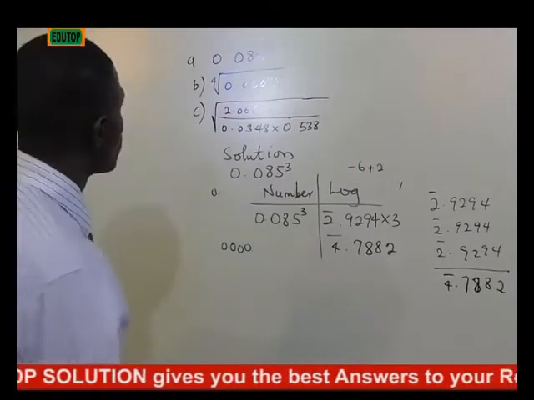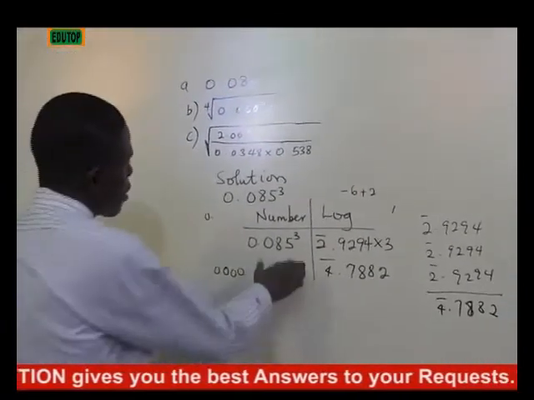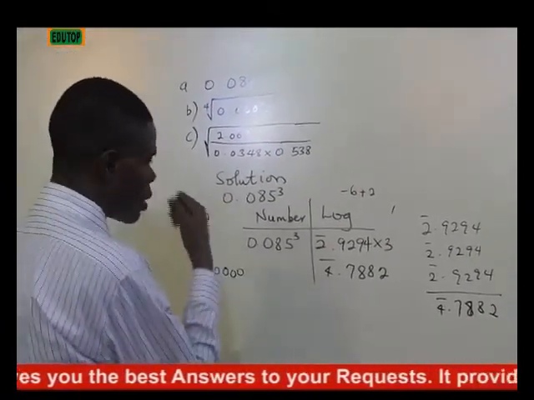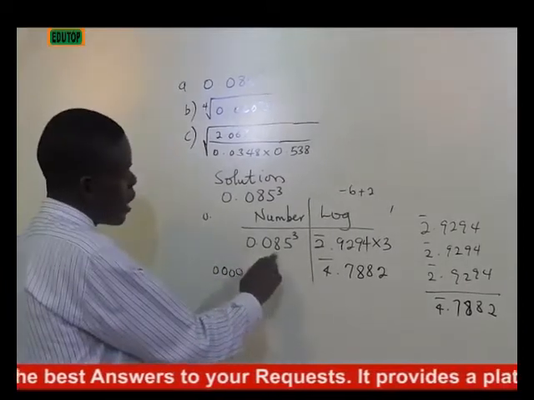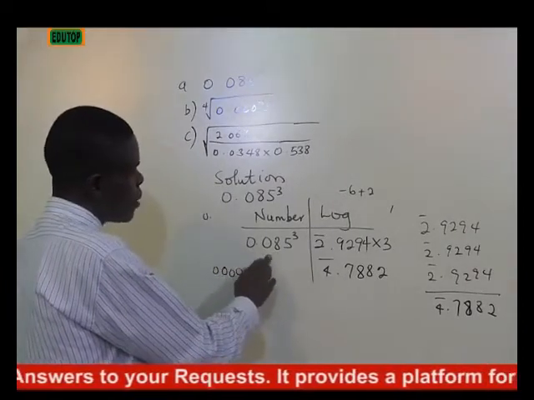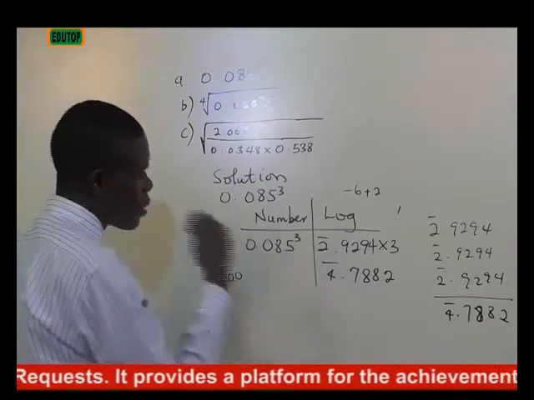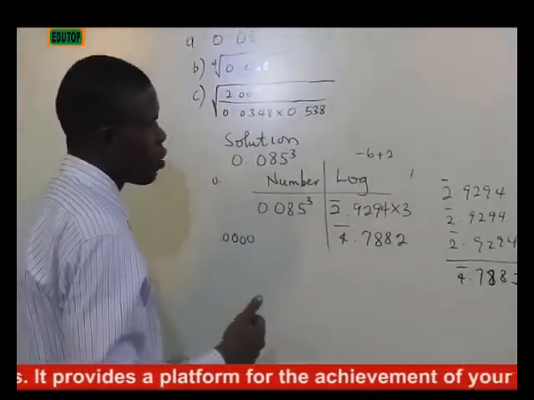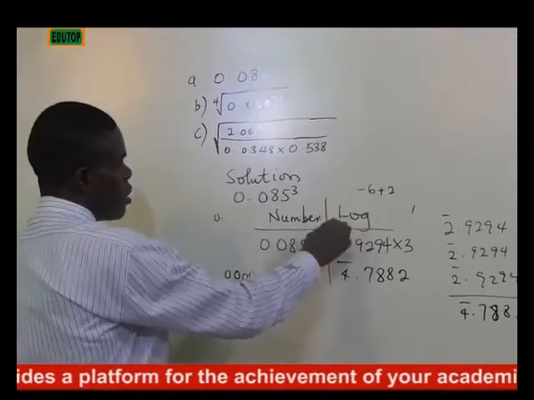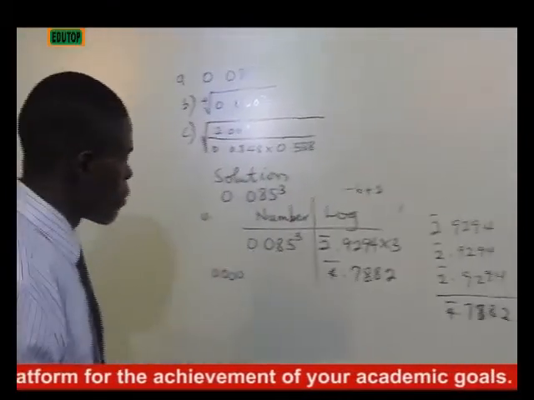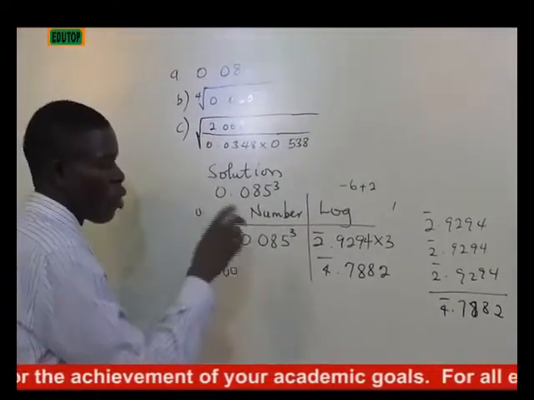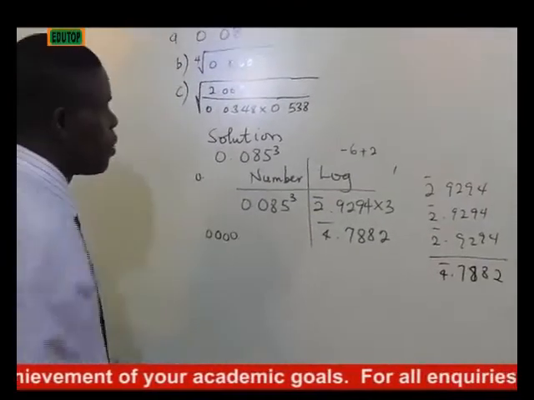0.085 raised to power 3 can be resolved into log reading this way. So you have 0.085 raised to power 3, which is bar 2.9294 when it is resolved using the 4-figure table, checking for logarithm of this value.